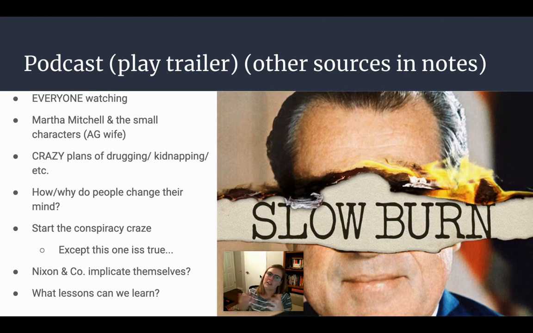This is also starting the conspiracy craze that we are very familiar with, except this one is true. This crazy story about the president, or this conspiracy about the president trying to essentially get dirt on his political enemies and some other crazy things that we'll get into as we go through the scandal, turns out to be true. So, again, strange world we live in.